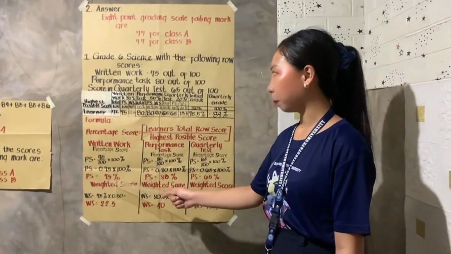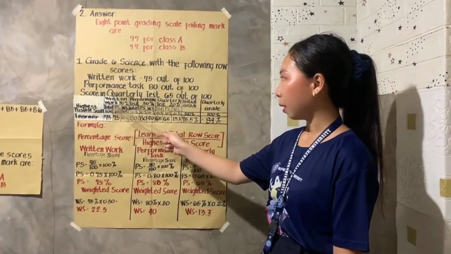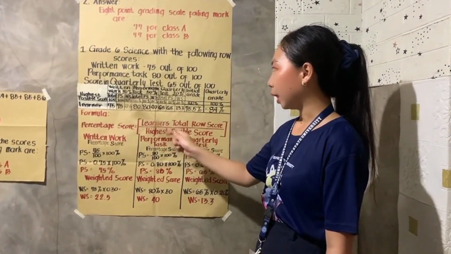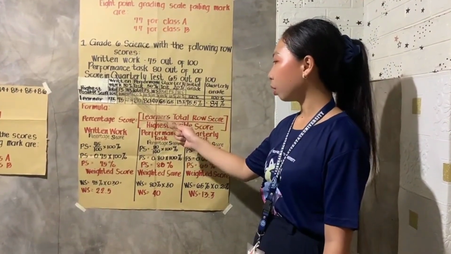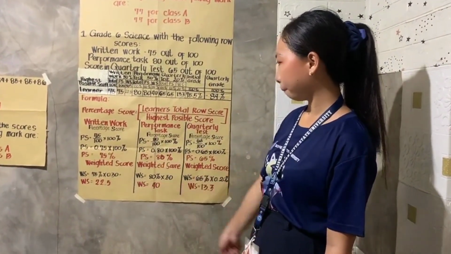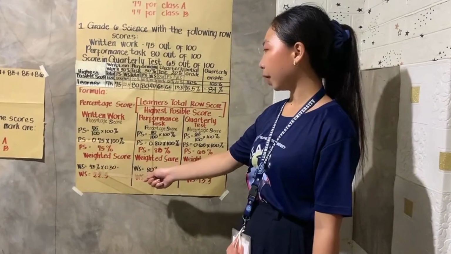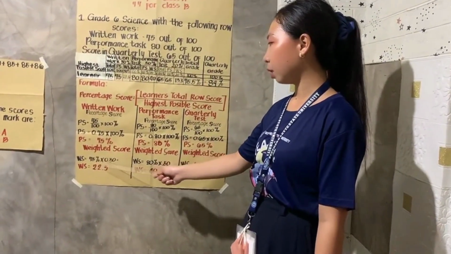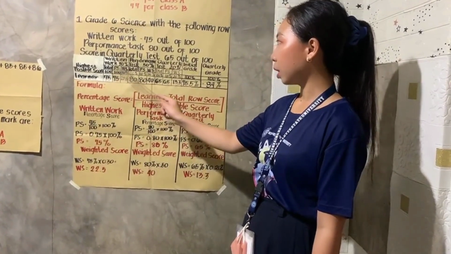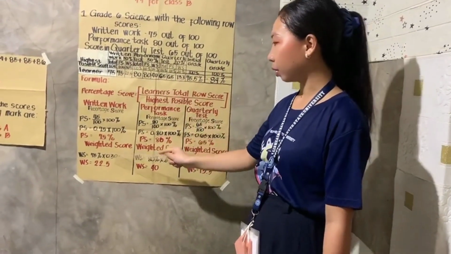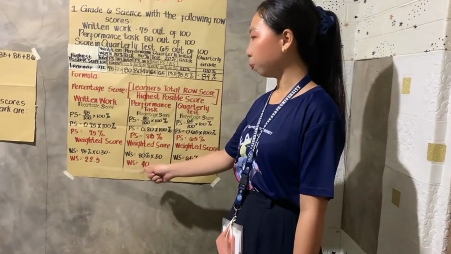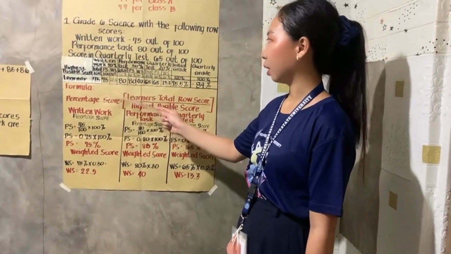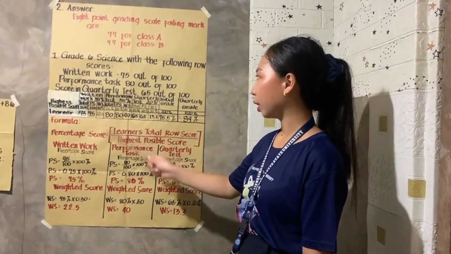They got 75%. That is their percentage score. And getting the weighted score, we're going to multiply the 75% grade times 0.30, which is the written work. That would be 22.25. That is the weighted score.